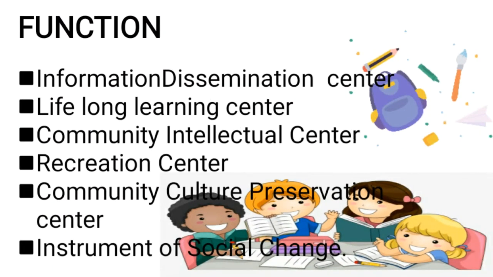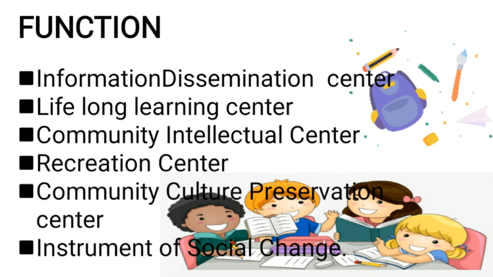A modern public library performs different functions in society to achieve its objectives. Number one is Information Dissemination Center. When we say Information Dissemination Center, its purpose is to collect, process, then disseminate up-to-date and authentic information on all subjects according to the information needs of the local community.